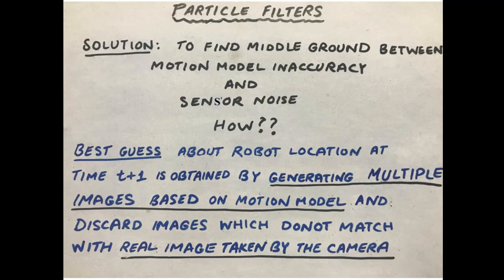And then there is another set of images, which are the images taken by the camera, and the job of the particle filter is to somehow find the match between the two sets of images. It is going to do that by discarding some of the virtual images, that is the images which are based upon our guess, which are not consistent with the images taken by the camera.